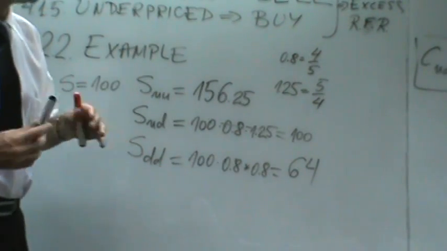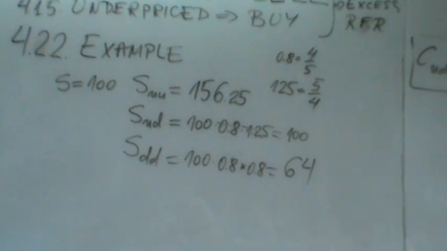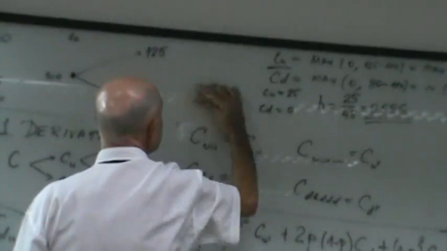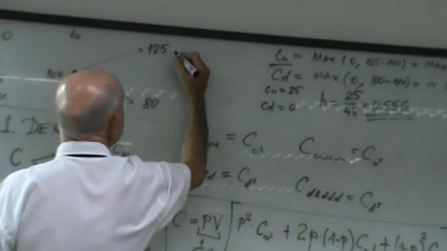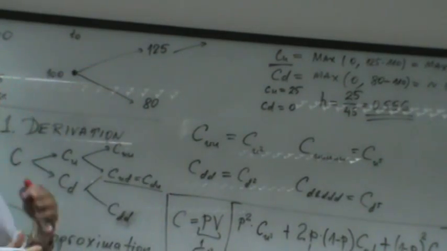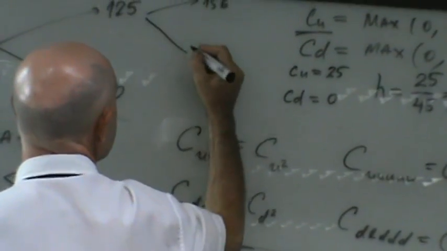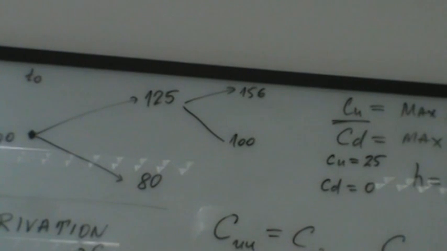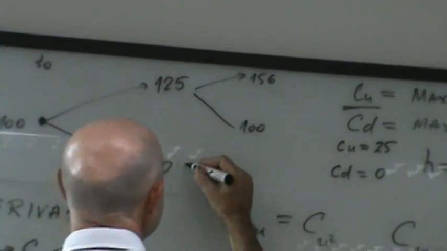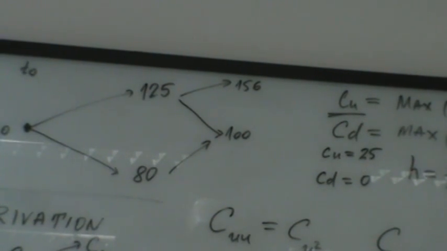All right, so I will delete a little bit over there to show you what happens with the example. The 125, when it goes up, becomes 156. When it goes down, becomes 100. When the 80 goes up, becomes 100.